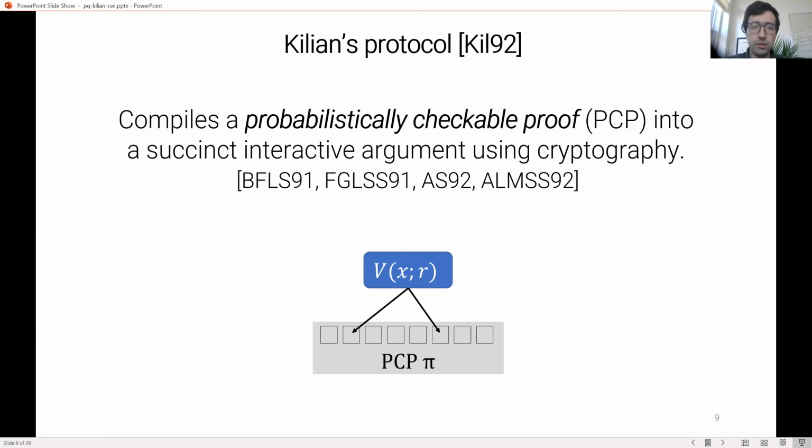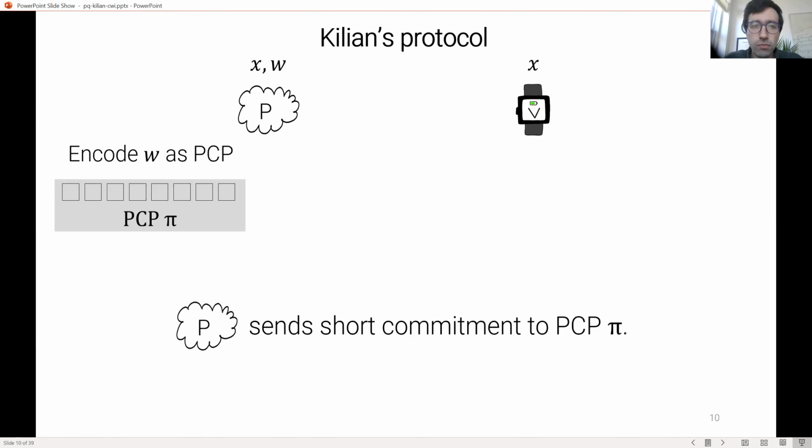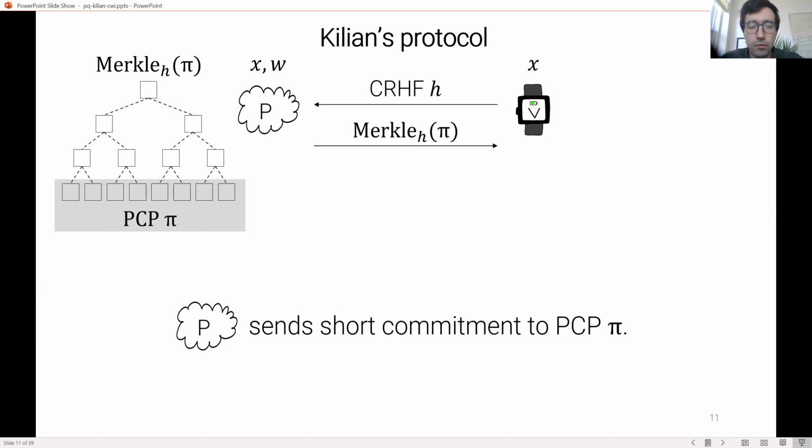And it has been shown that you can build PCPs where the verifier only needs to look at a small number of positions in the proof, in particular polylogarithmic in the original witness size. Okay, so how does Killian's protocol work? The prover is going to send a commitment to the PCP that he's generated from the witness. This can be generated efficiently.